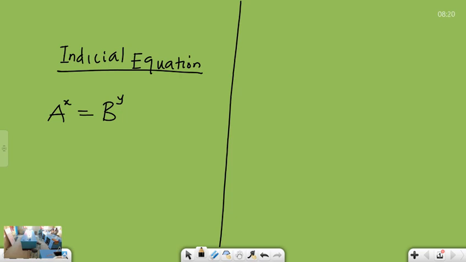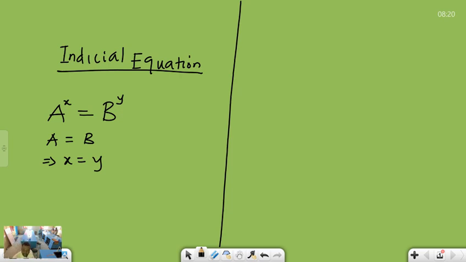Now, in indicial equation, if the bases are the same, then it implies that the powers are equal. So that is the logic behind indicial equation.